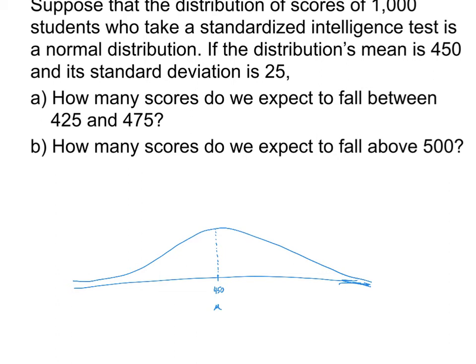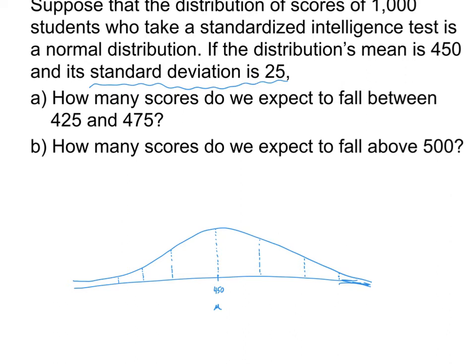As I go out, I'm going to draw dotted lines because it helps me keep track of things. I'm going to go 1 dotted line, 2 dotted lines, and then 3 dotted lines like that. If I were more of an artist, it would look the same on both sides. They wouldn't have the scribble on the right-hand side, but hopefully we get the idea. To create the other labels on this distribution, I'm going to add and subtract the standard deviation, which is 25.